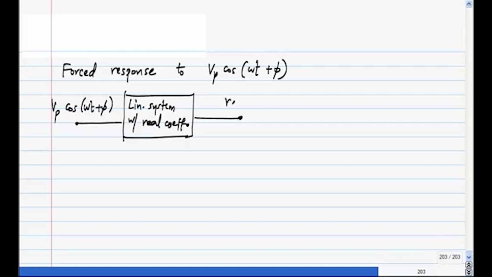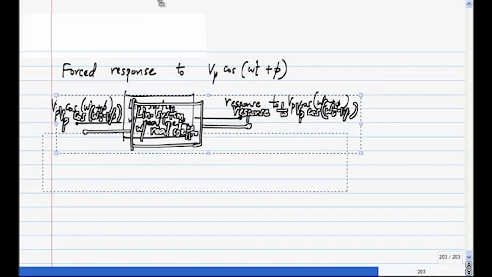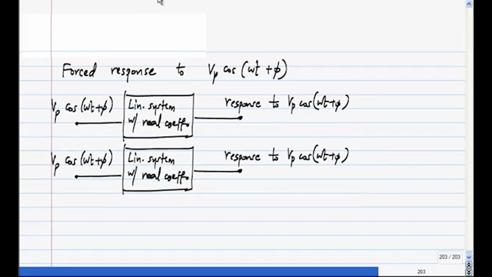I'll just call it the response to Vp cos(omega t plus phi). If I had sine here, I would get something else, which is the response to Vp sin(omega t plus phi). I am talking here only of the forced response, the steady state response, to Vp sin(omega t plus phi).